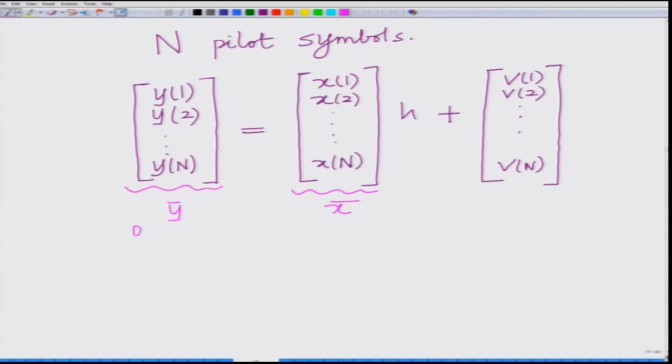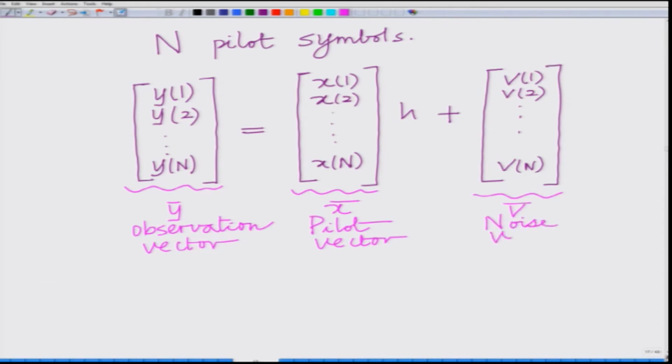So the system model for the estimation is that you have your vector y bar, this is the observation vector, this is your pilot vector, and this is v bar, which is your noise vector, and this is your channel coefficient h.